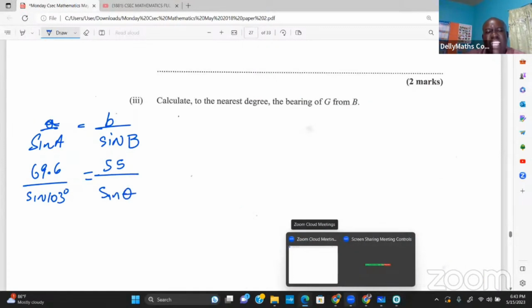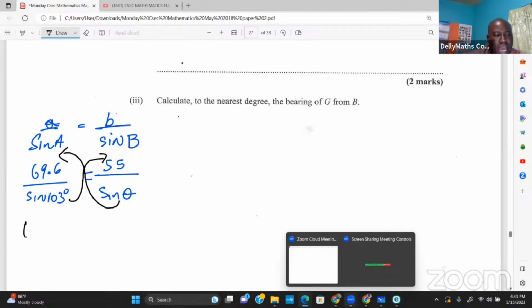This angle, we need that. So basically what we want to do now is to employ a quick cross multiplication. It's up to you, so I'm going to cross multiply. I'm going to take this down here, it's going to multiply by that one over there. I'm going to take the sine of the angle, multiply by the 69.6. So I'm going across, so I call it cross multiplication.